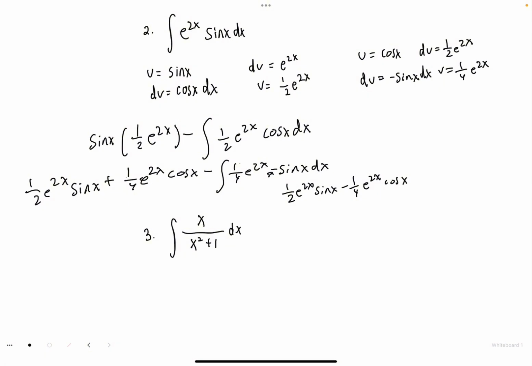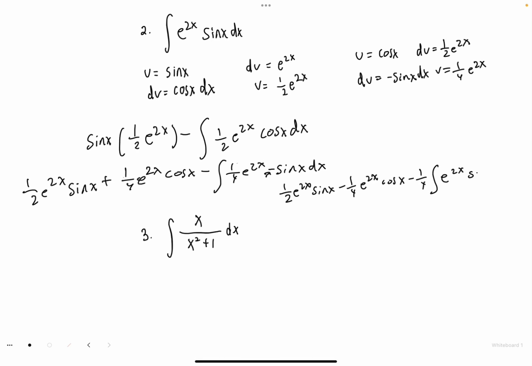And so we can also take out a 1/4 as well, so e to the 2x sine x. And now this is the portion where we have an I, and so we have to go for 5/4.